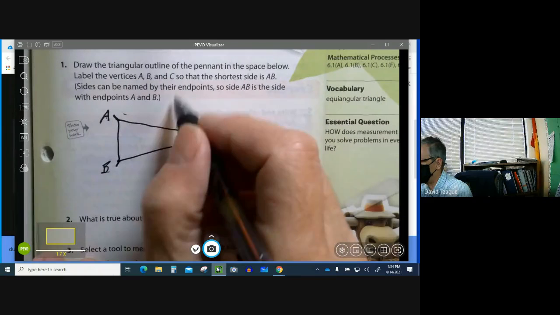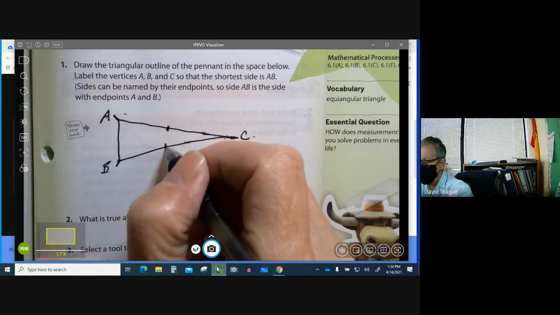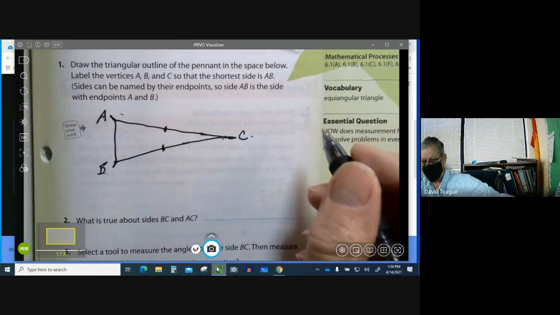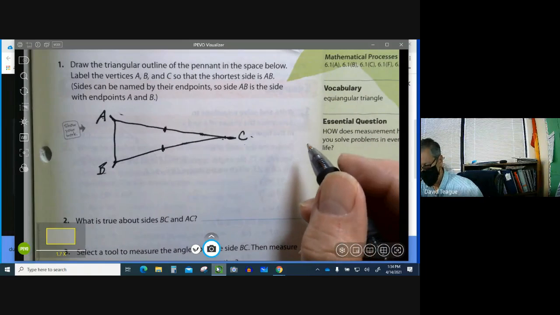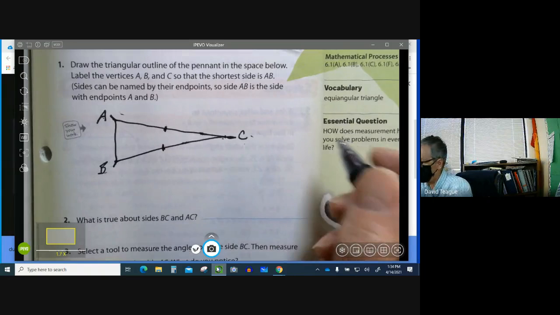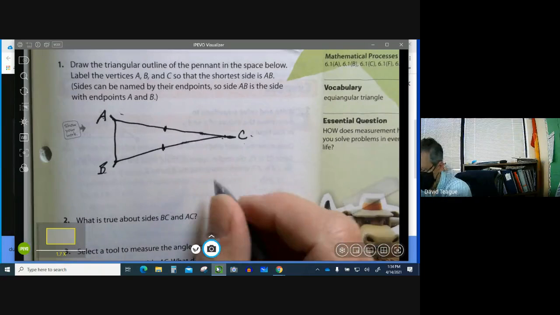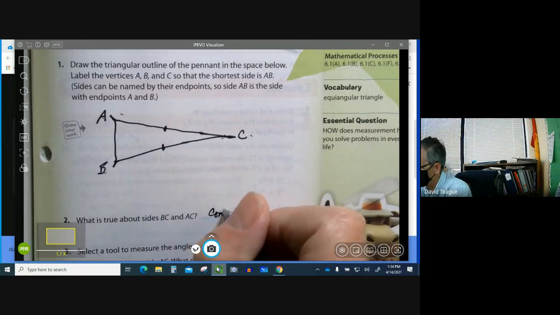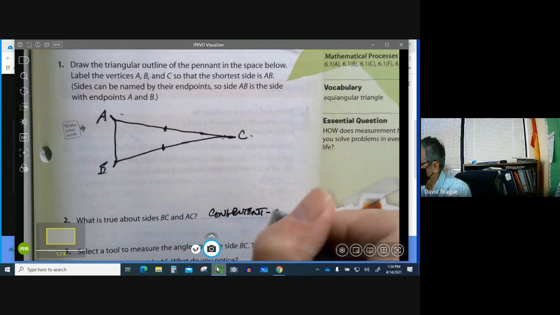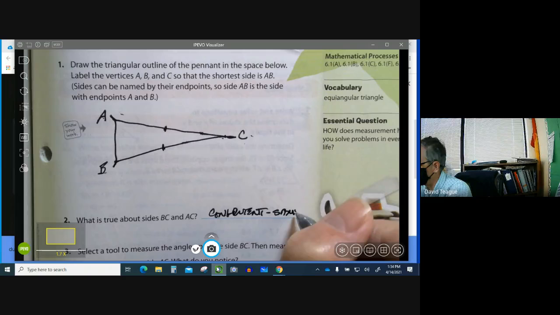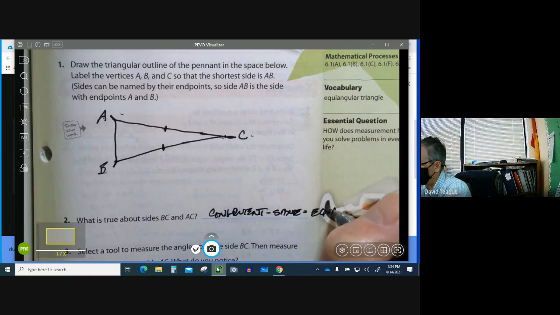We have an isosceles triangle, so we know these two sides are equal, right? So we know that BC and AC are congruent, or the same, or they're equal, okay?